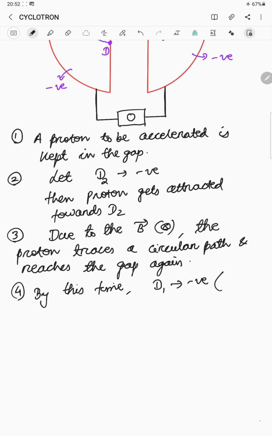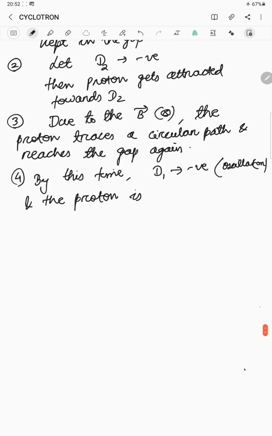Okay, now who does this job? This job is done by the high frequency oscillator. Okay, done by the oscillator. And the proton is dragged towards D1, okay, with a higher velocity.